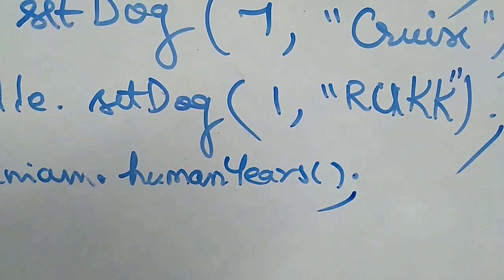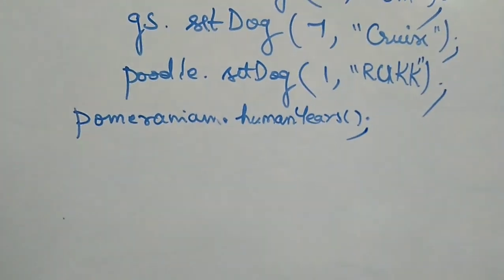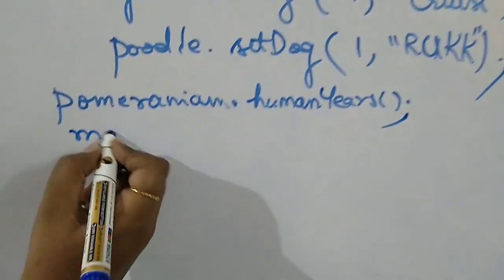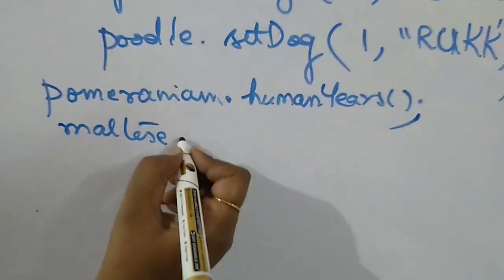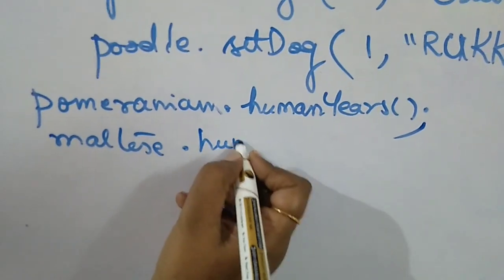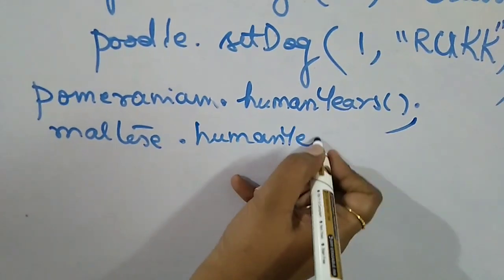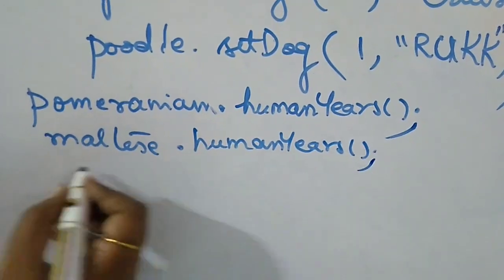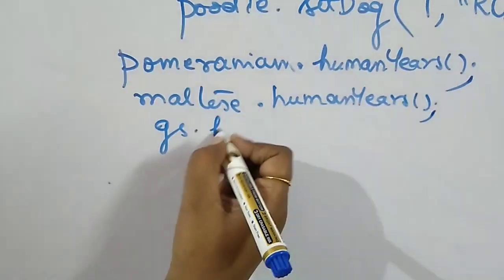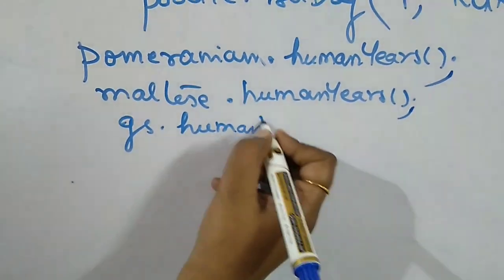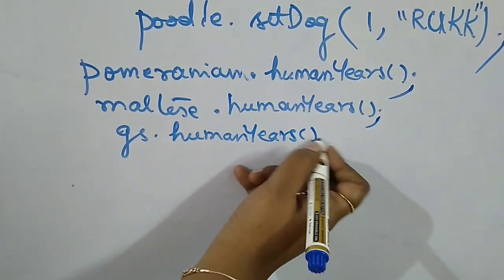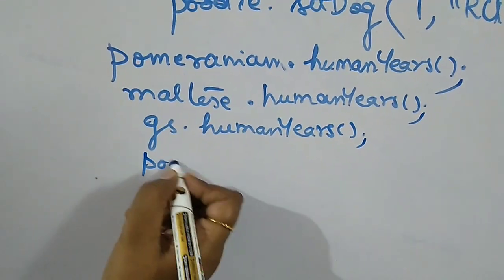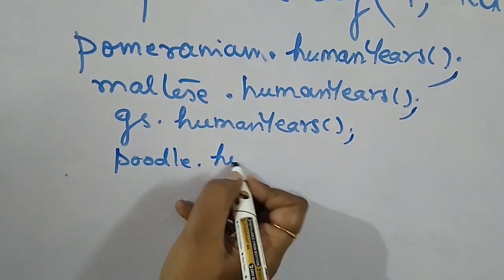Simply I am just calling the method on the object. In the same way I am saying Maltese.humanYears, gs.humanYears, and Poodle.humanYears.